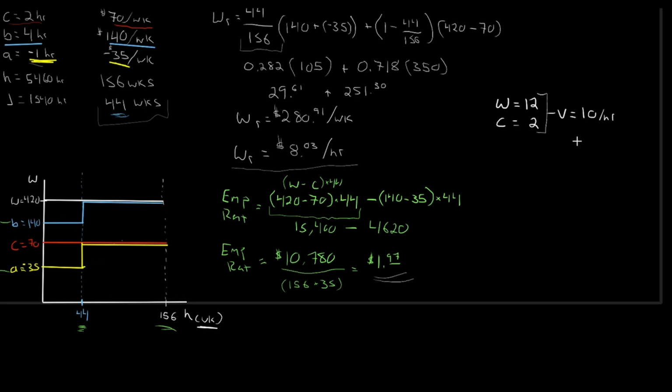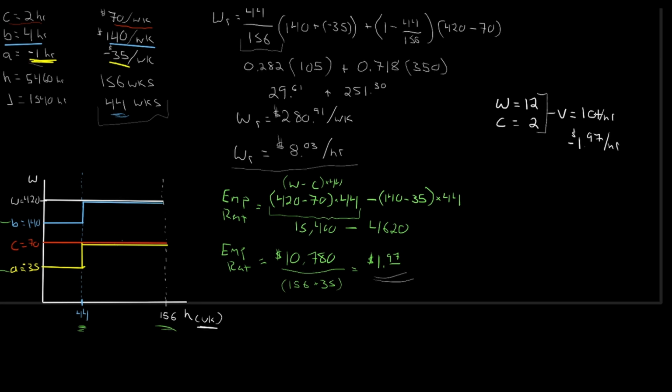So the $10 an hour that we are earning minus our employment rent of, why did I do a 9? Let's try that again. $1.97 per hour. What does that yield for me?